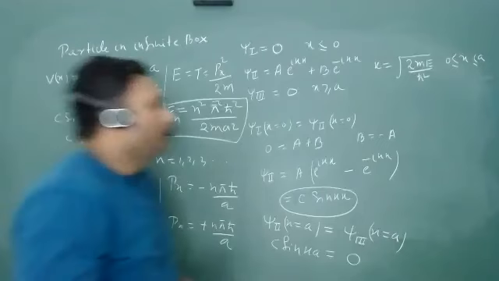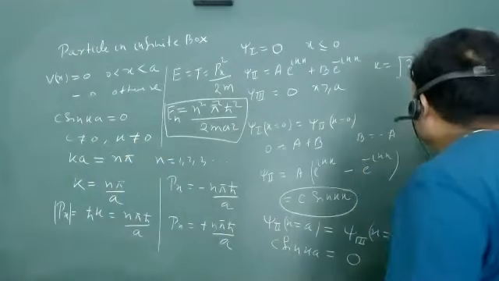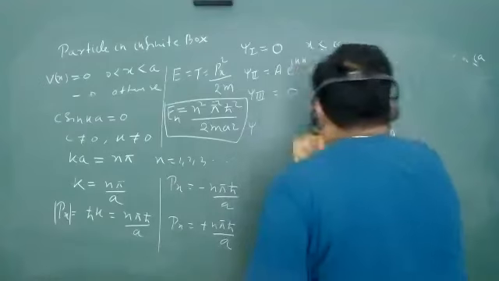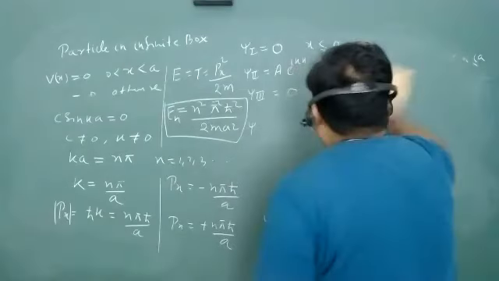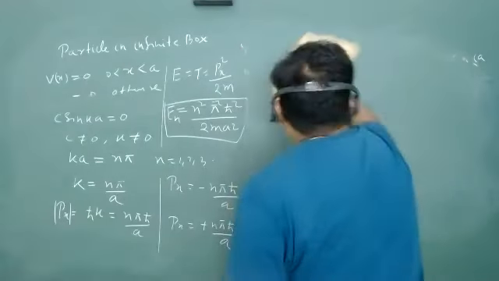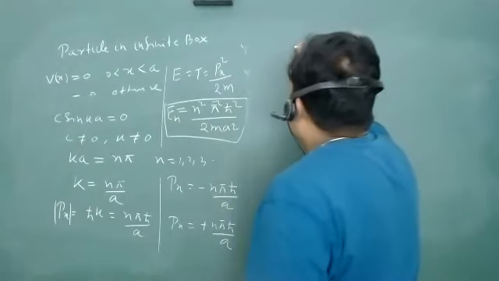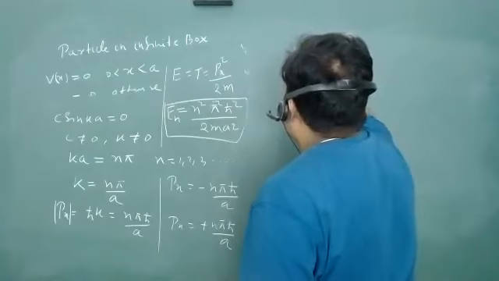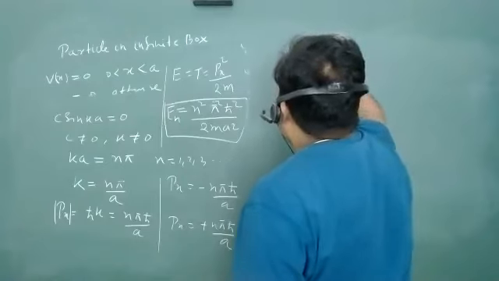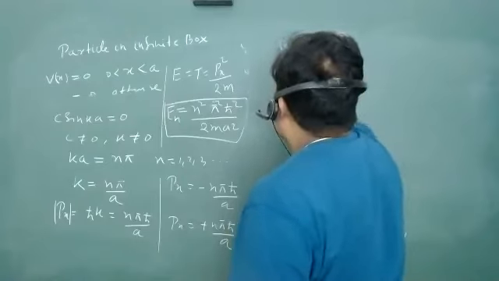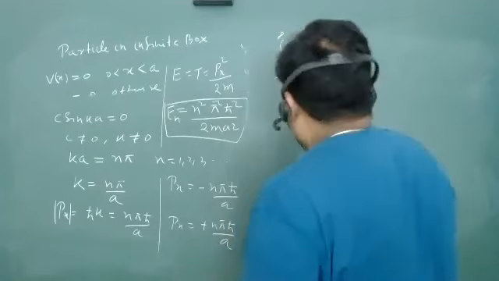So now we are going to normalize this particular thing. Because it is bounded, you can easily normalize it. The integral of mod psi square dx from minus infinity to plus infinity must be equal to 1.